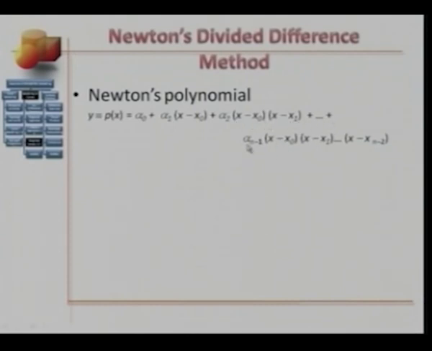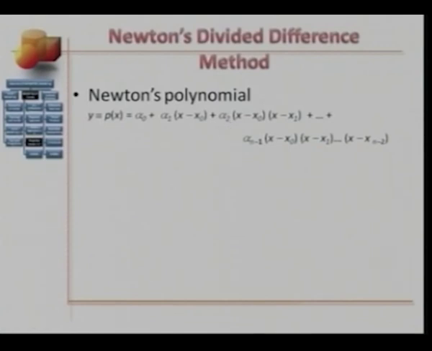Up till the last term, alpha sub n minus 1 times x minus x0 times x minus x1 up till times x minus x sub n minus 2. So given x0 y0, x1 y1, x2 y2 up till x n minus 1 y n minus 1, we should be able to compute Newton's polynomial. Alpha 0, alpha 1, alpha 2 are unknown coefficients at this time.